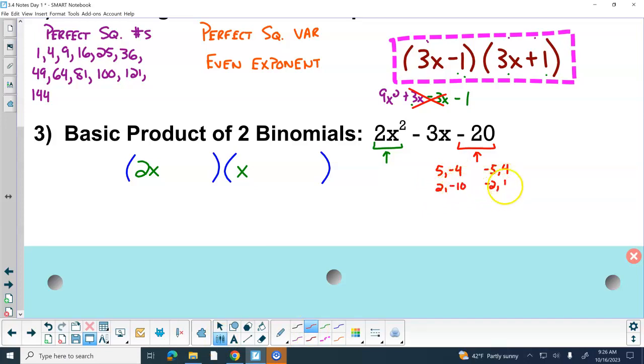Negative 2 and positive 10? What else? Negative 20 and positive 1? Or negative 1 and positive 20? Right? Okay? So we need to go with one of those 6 pairs.